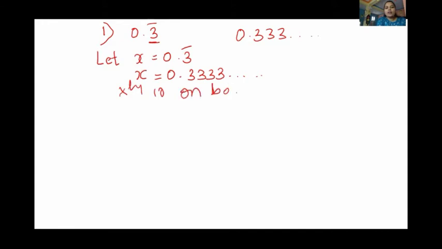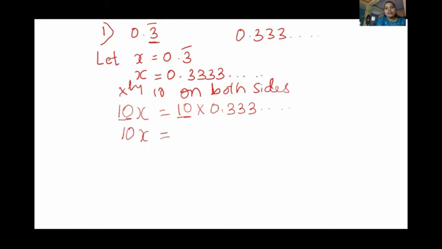Now 10 into x equals 10 into 0.333 etc. So 10x equals, when we multiply by 10, the decimal shifts one step to the right, so it becomes 3.333 etc. Therefore, the decimal shifted by one point.